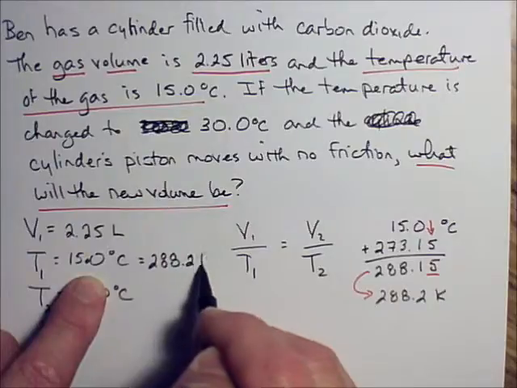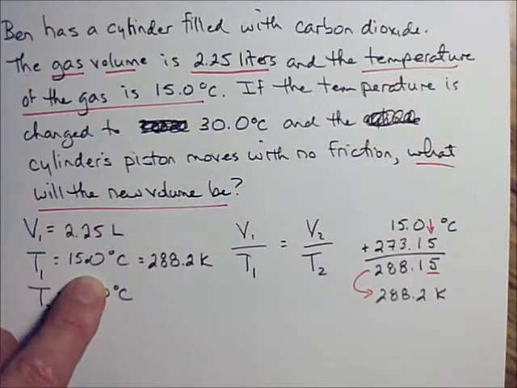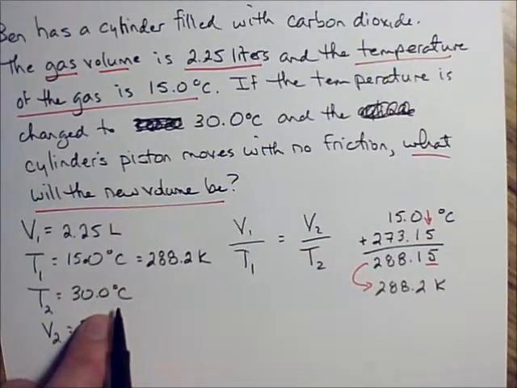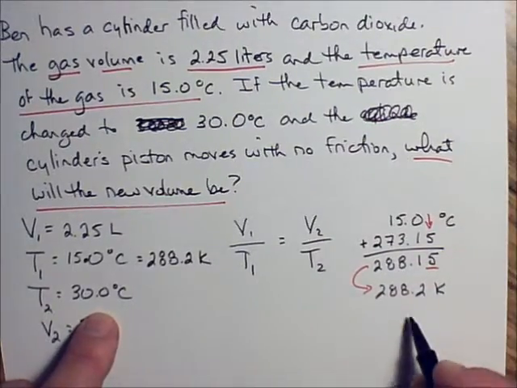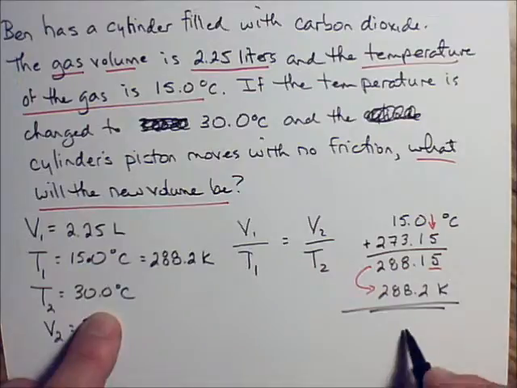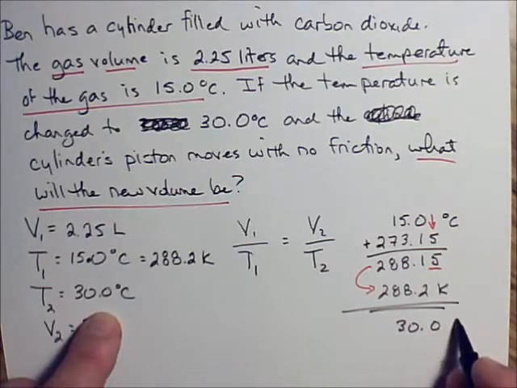288.2 K. We're also going to need our final temperature in Kelvin. Okay, so we need to do that math as well. So 30.0 degrees C, and add 273.15 to that.